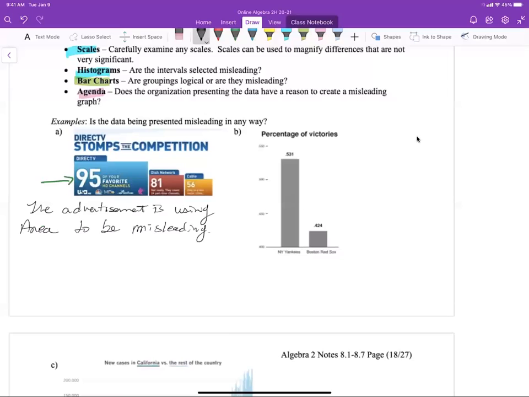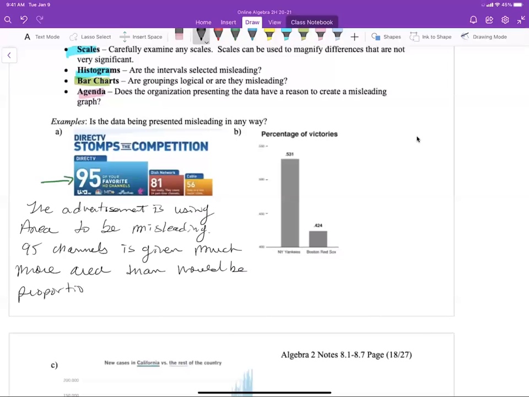So 95 channels is given much more area than would be proportional to the number of channels.